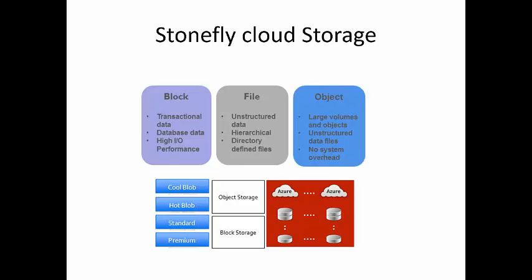Block is usually used for SQL or very high performance IOs. The object is what we are interested in, because the cost factor is justified when we do backup and replication. Those are divided into cool blob and hot blob. Cool blob is mostly for archive, and hot blob is mostly for random access, versus cool blob where you want to store data for a longer time period.